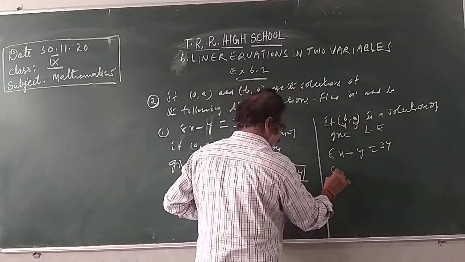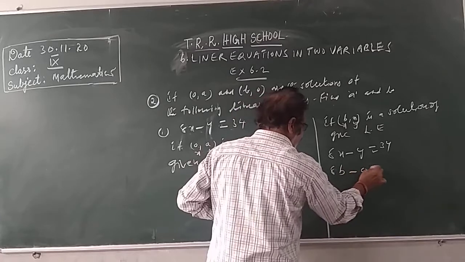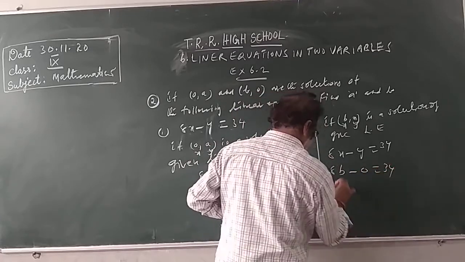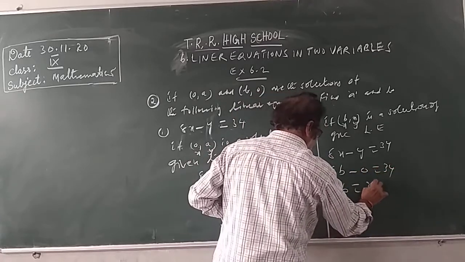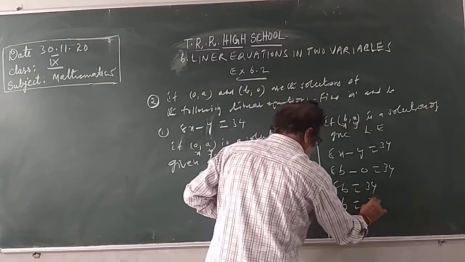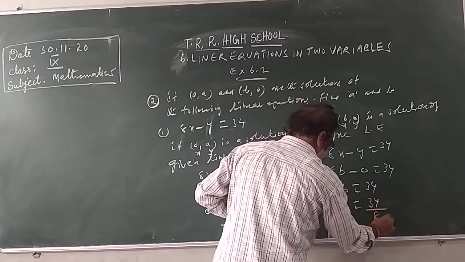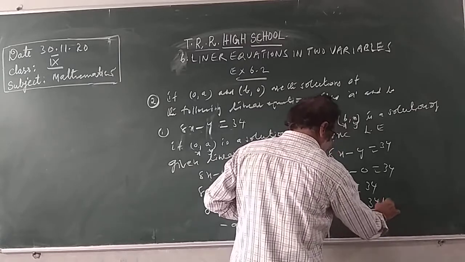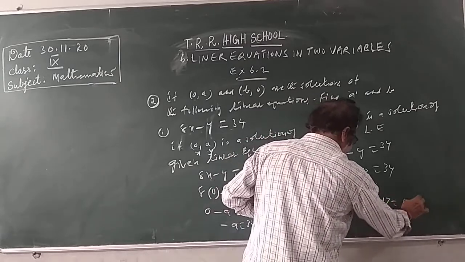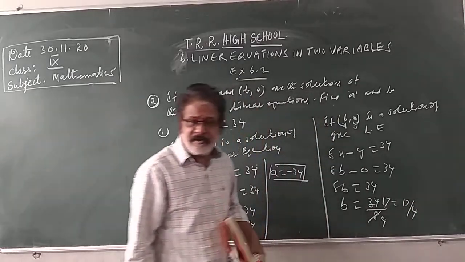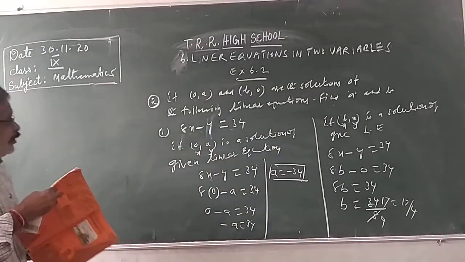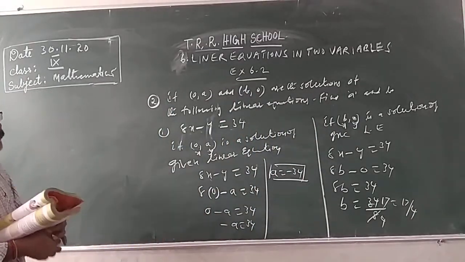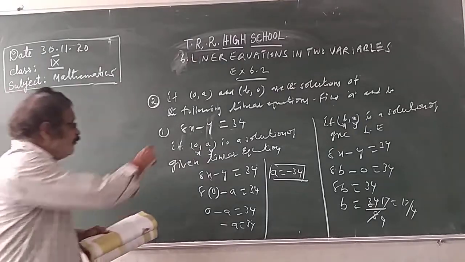So x is equal to b, y equal to 0. Substituting, 8b is equal to 34, b is equal to 34 by 8. Two fours are 8, two seventeen, so the b value is 17 by 4. Like this we will calculate. So (0, a) and (b, 0) are the solutions of the first linear equation.